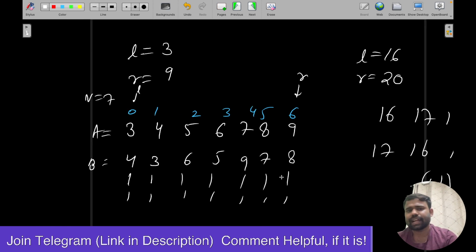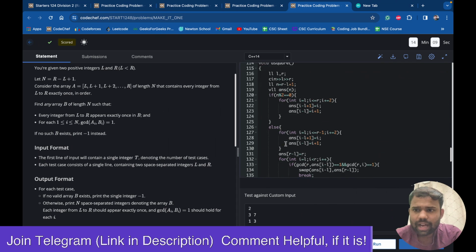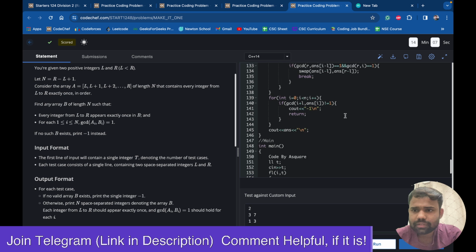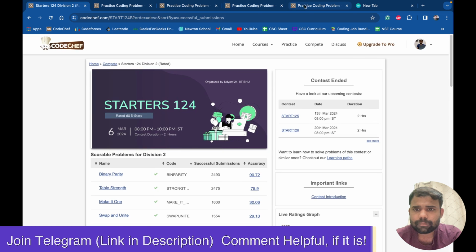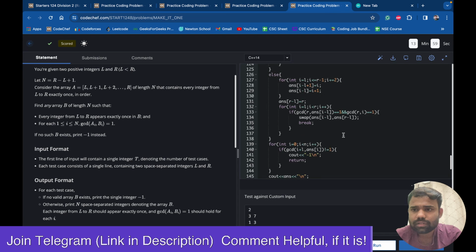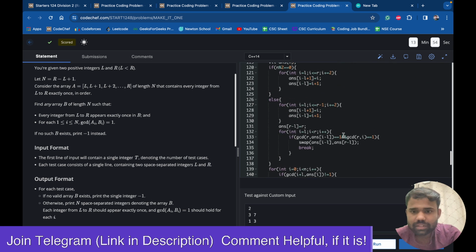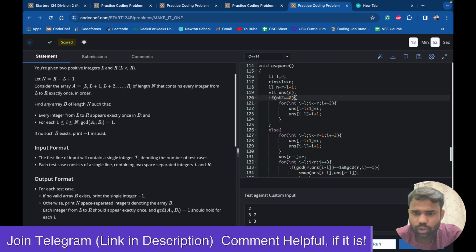So how are we checking it? See, what I'm doing here is, if n is even, in that case, I'm simply saying to swap the values, which means in place of i, I store i plus 1, and in place of i plus 1, I store i, in an array.